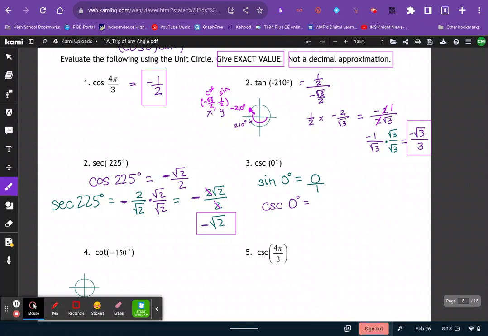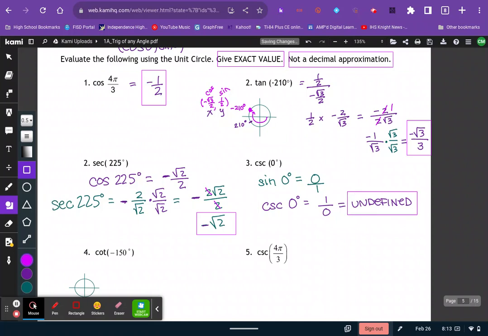So from here, I find the reciprocal, and I'm going to flip that fraction over. So cosecant is going to be 1 over 0. Now, this is where I have a problem because this is undefined. So anywhere you have a trig function that is equal to 0, if you then want to find its reciprocal pair, it will be undefined.